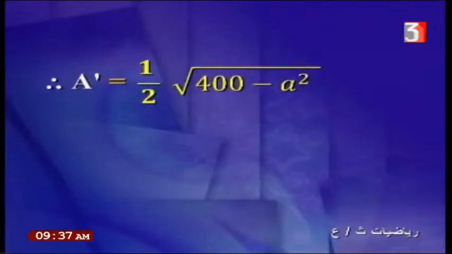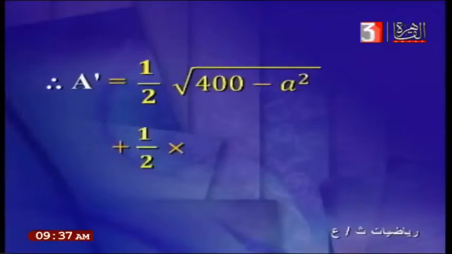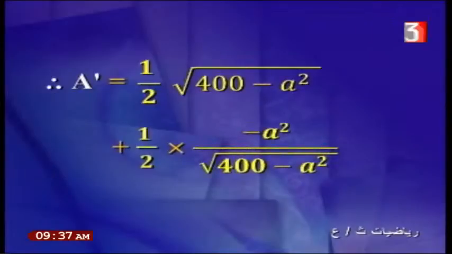Then A dash equals half square root of 400 minus A power 2 plus half times negative A power 2 over square root of 400 minus A power 2. This function is the first derivative of the area of the triangle OAB.